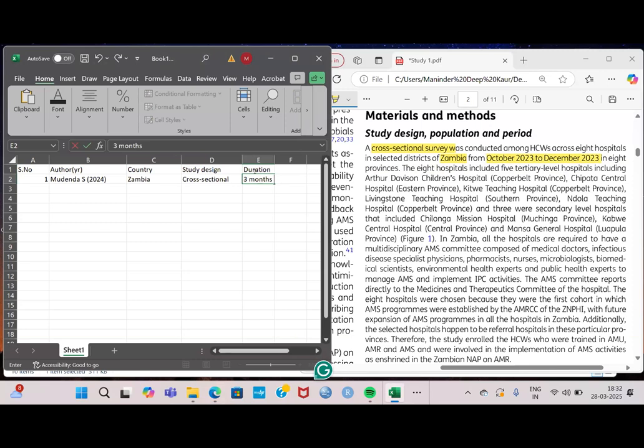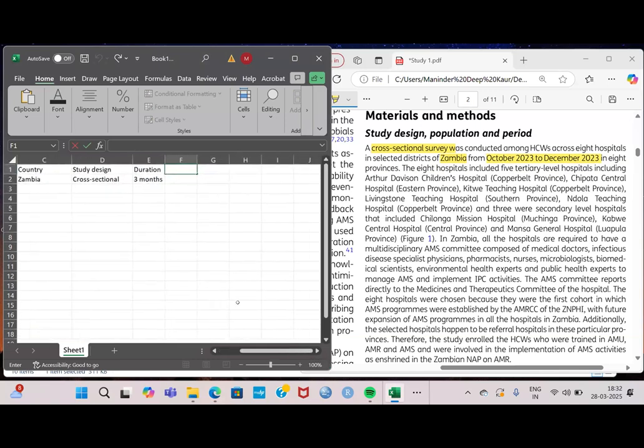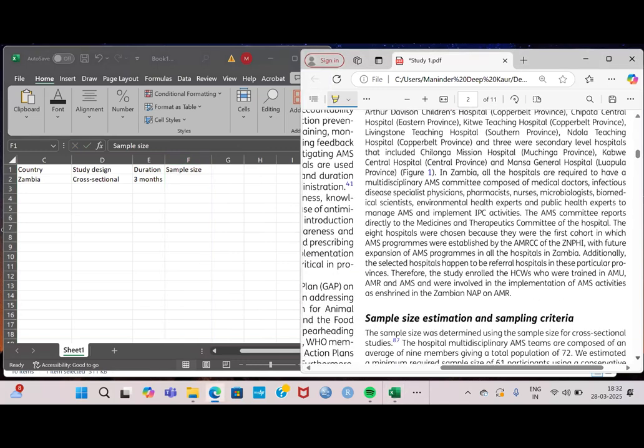Okay. So next, sample size. How many samples have they taken? So we need to look into the materials and methods. This paragraph is not giving any information regarding the sample size.